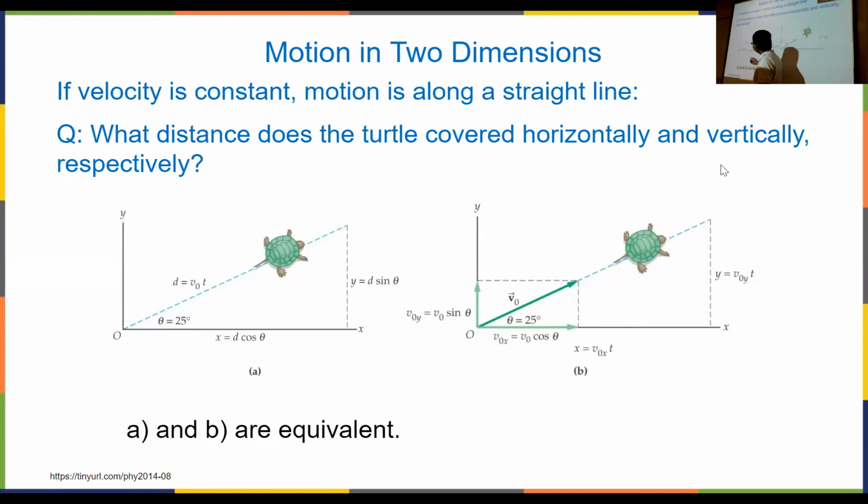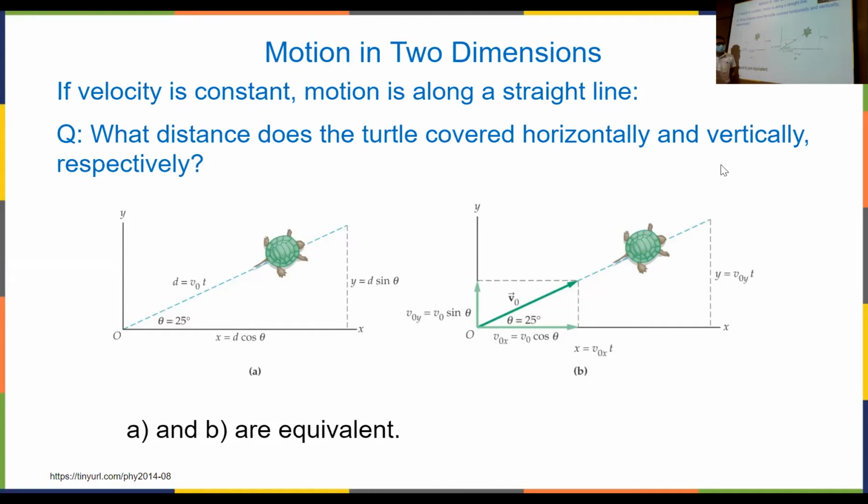So for example, the turtle here goes in a particular direction. In this case, if you are looking for the displacement, you will have an x component and y component. You can do either way. You can find its total displacement by doing the overall velocity times time t, assuming it's a constant velocity, and then later break it into the x and y components for the displacement.